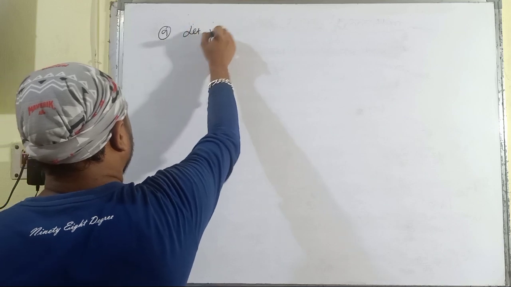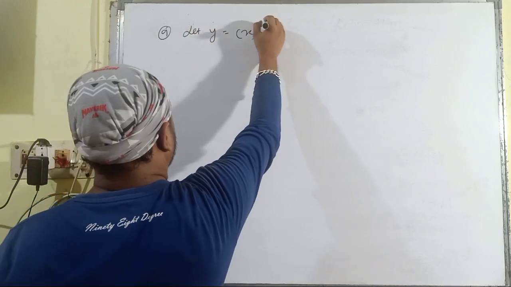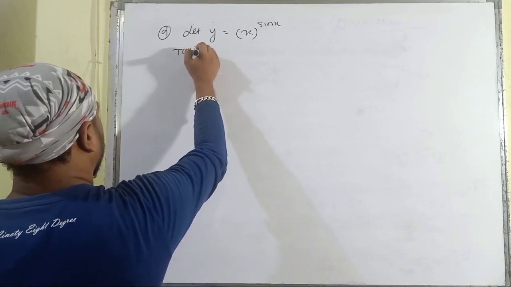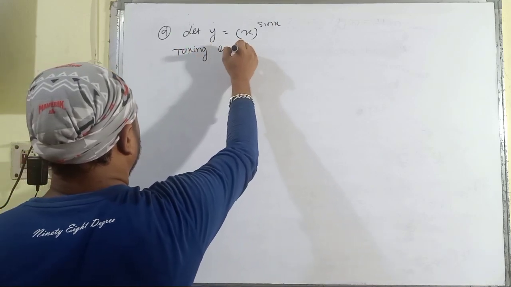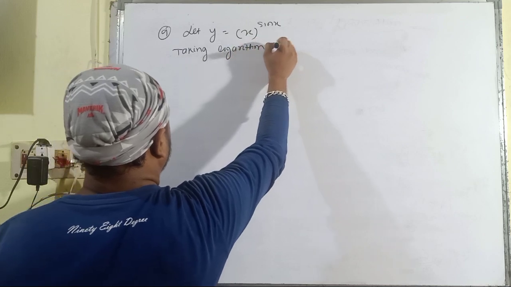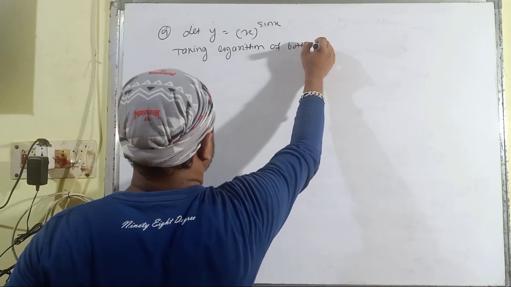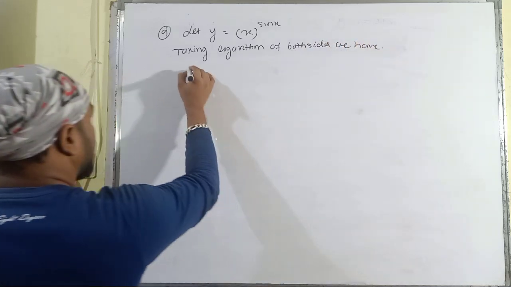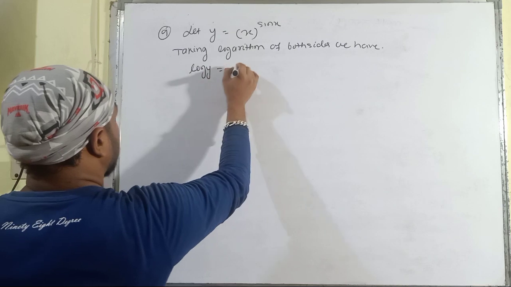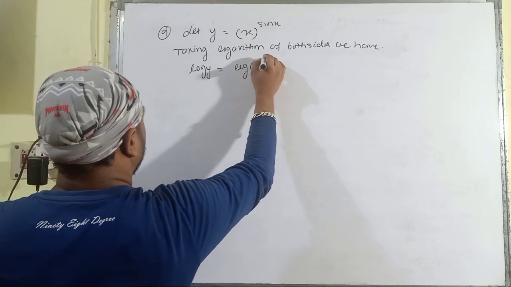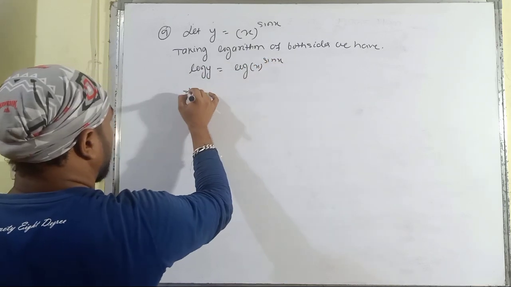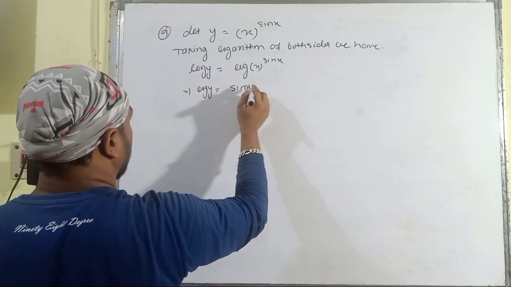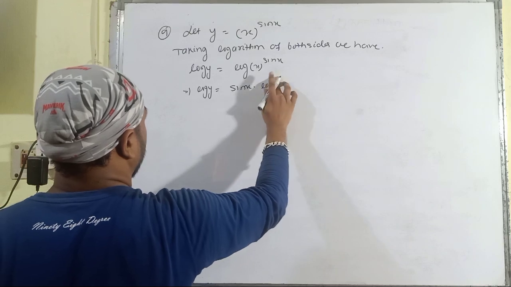Let y is equal to x to the power sin x, taking logarithm of both sides. We have log y is equal to log x to the power sin x. That implies log y is equal to sin x multiplied with log x.